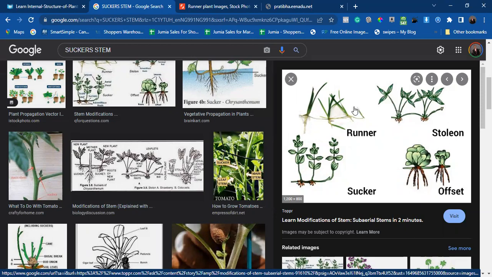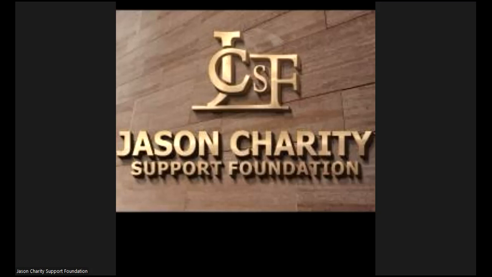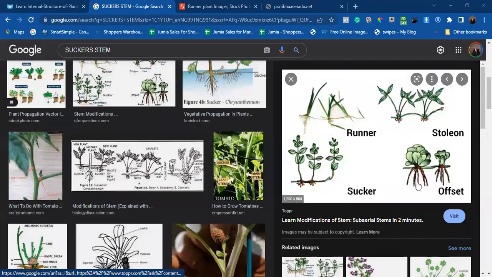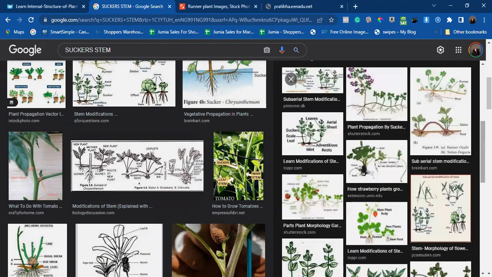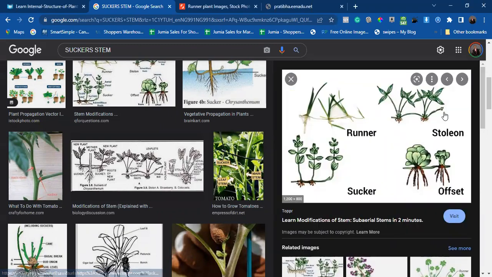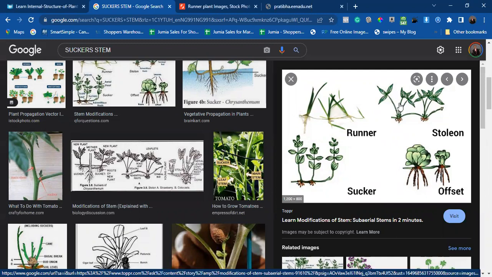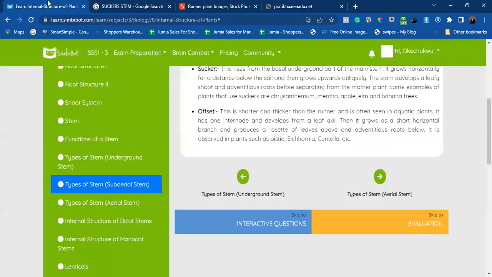We have the runners. Looking at this now, you think they are all the same thing, but they are not. Just minor differences separate them from each other.